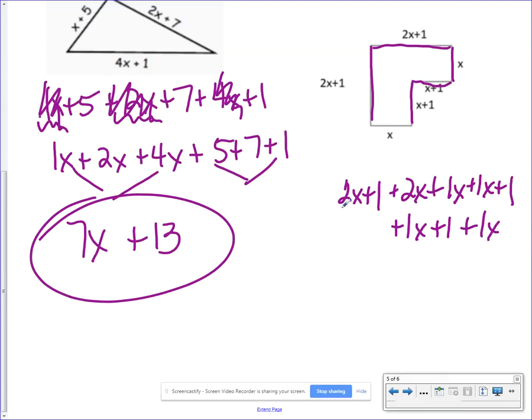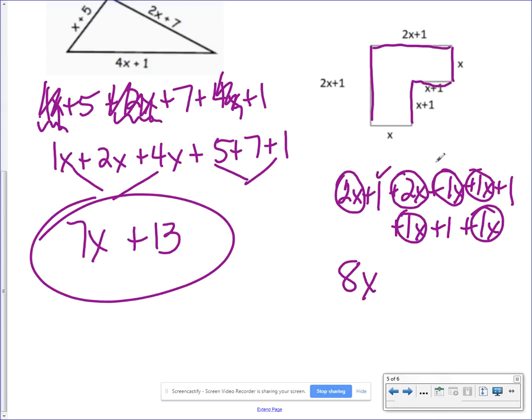There's a whole lot of x terms here, aren't there? You have a 2x, another 2x. That gives me 4. Here's a 1x. That's 5, 6, 7, 8. 8 x's. Plus 1, 2, 3. I'm going to go back up here and check this. I think I missed one. Look at that.